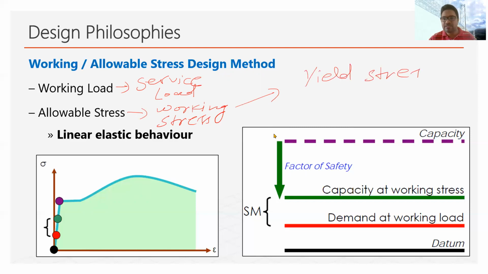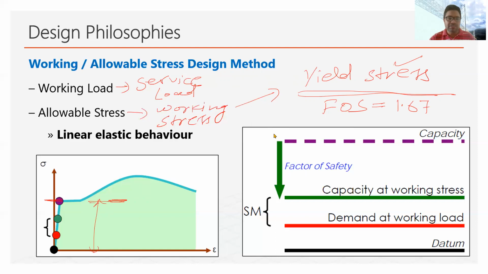Okay, so now working stress can be calculated using the formula: yield stress divided by the factor of safety. Now I'm telling this in the case of steel. This yield stress is basically the stress of steel up to this line, so corresponding to this line will be the yield stress. We will put the value here. And if we apply the factor of safety, in the case of steel structures design, we will take 1.67.